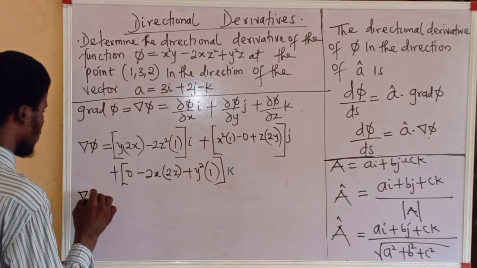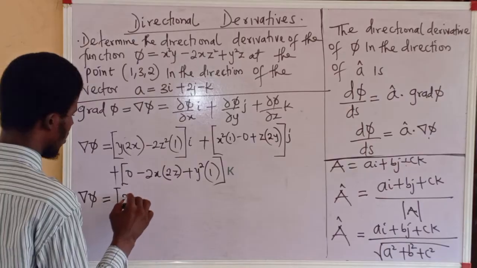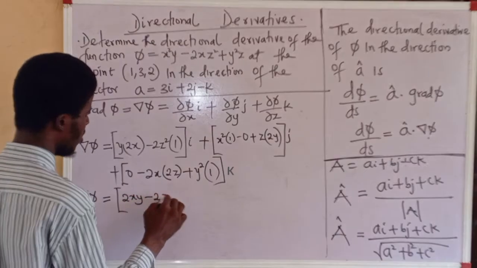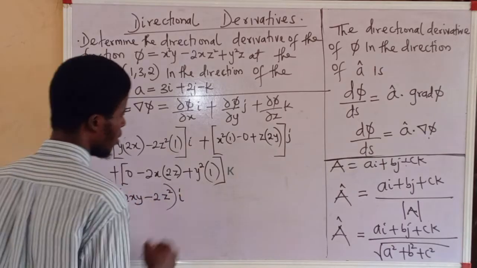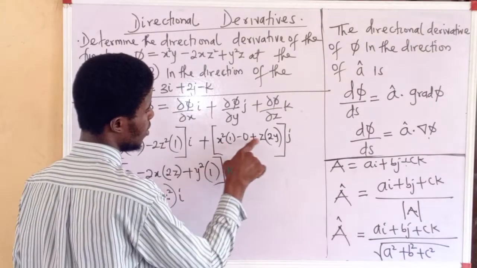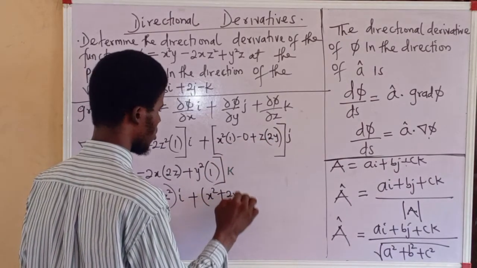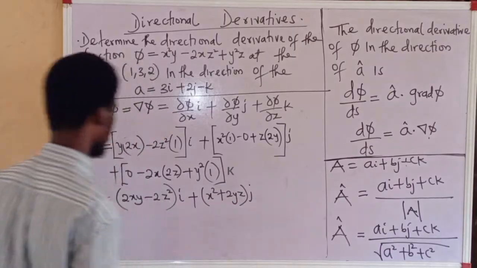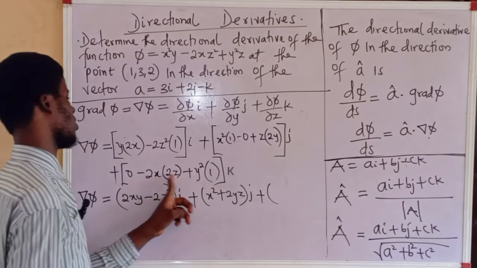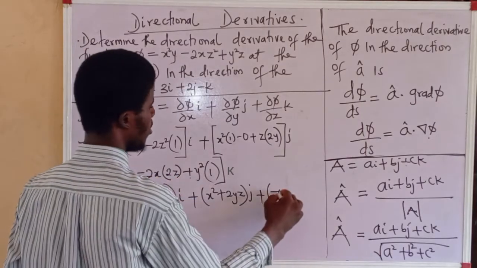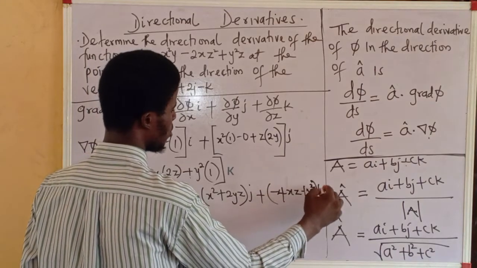So the gradient of the scalar field, the gradient of phi, is equal to (2xy minus 2z squared) times i, plus (x squared plus 2yz) times j, plus minus (4xz plus y squared) times k.